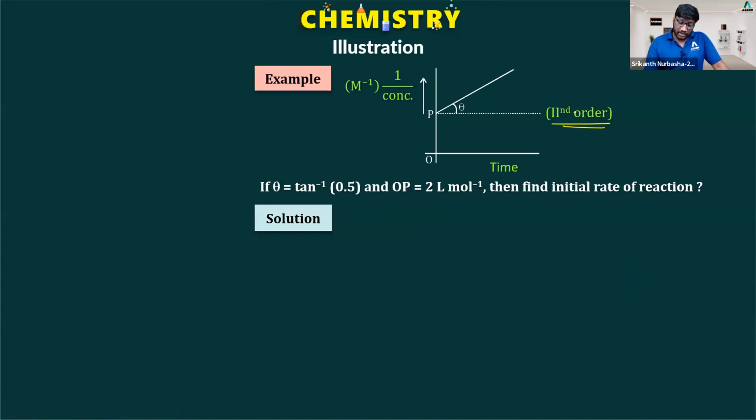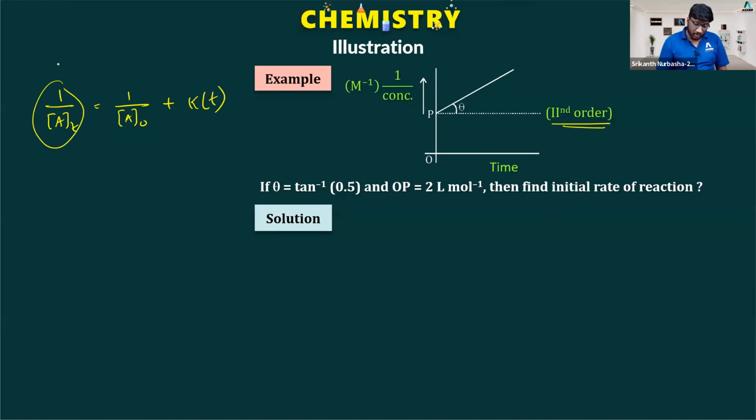Given is a second order reaction graph. Second order reaction means 1 by concentration of A at time t is equal to 1 by concentration of A at time t equal to 0 plus k into t. This is y is equal to mx plus c, with 1 by concentration taken on the y-axis and time on the x-axis. Slope is tan theta, which is equal to k.